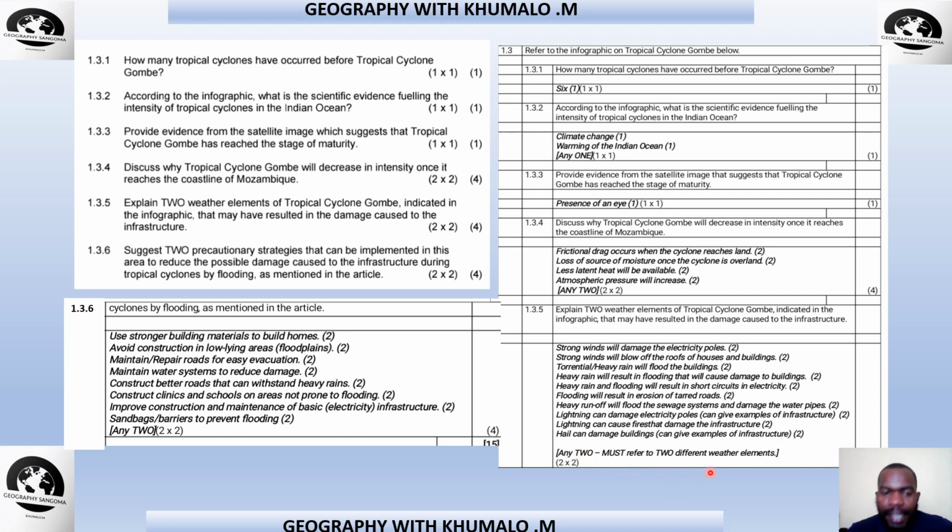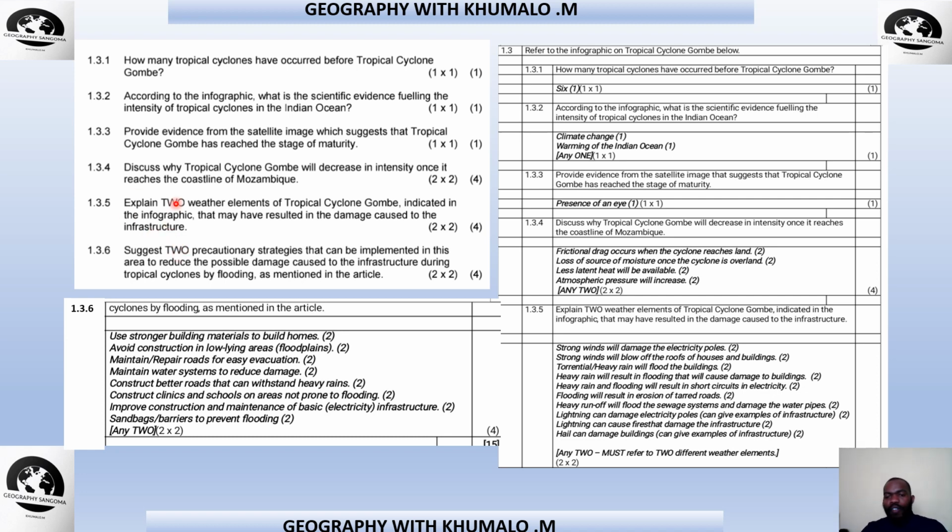Here, what was the critical part that you were supposed to look at? The weather elements. You are supposed to focus on weather elements, which is rainfall, lightning, which is part of precipitation, and strong winds. But one of the important things there, grade 12, was the word infrastructure.